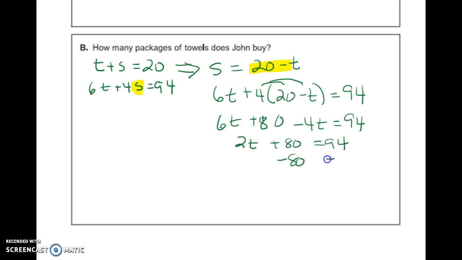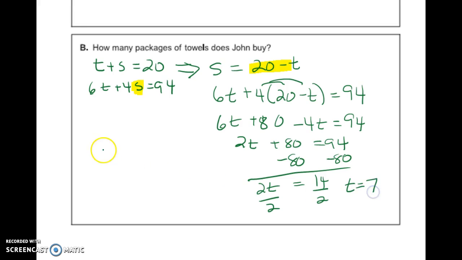Subtract 80 from both sides, and I get 2T equals 14. Divide by 2, so T equals 7. And that tells me that John bought 7 packages of towels. Solving for one variable or the other will give us the information we need.